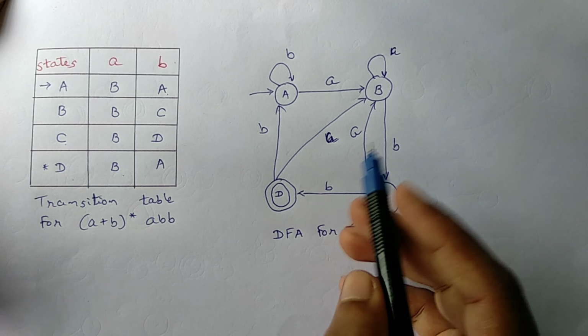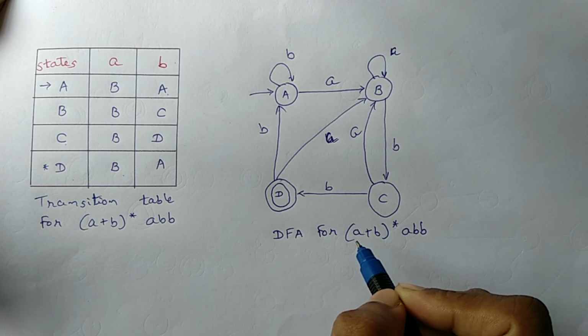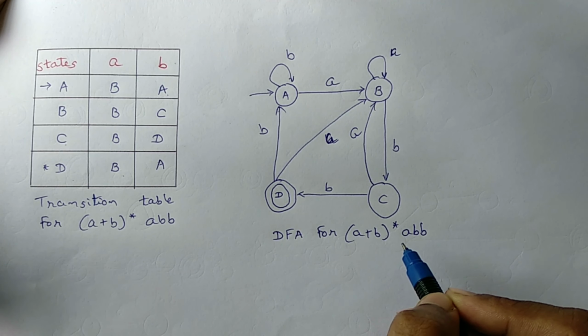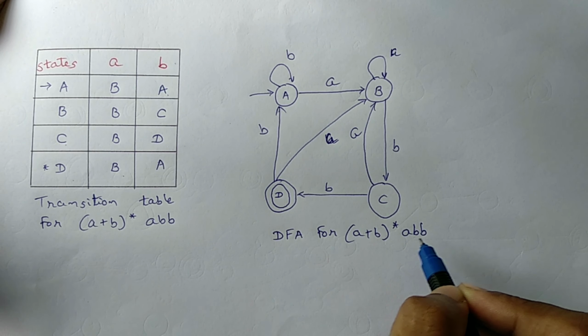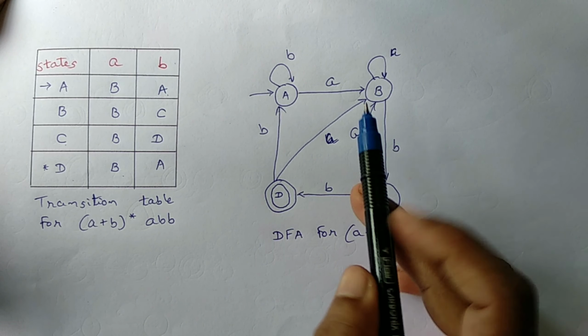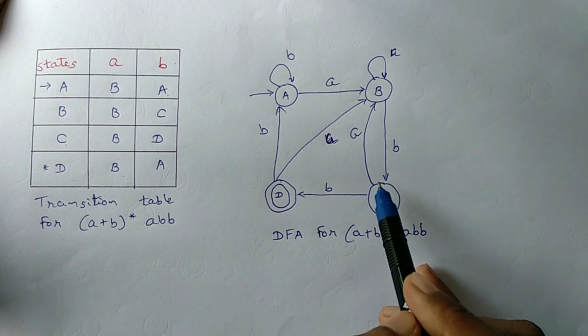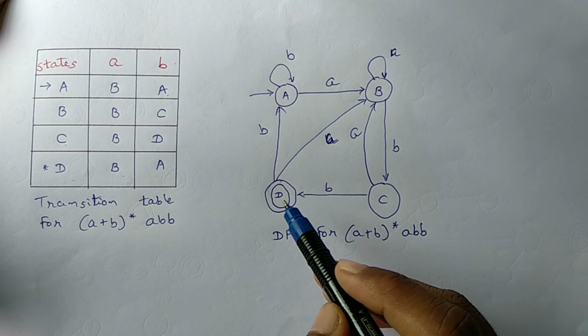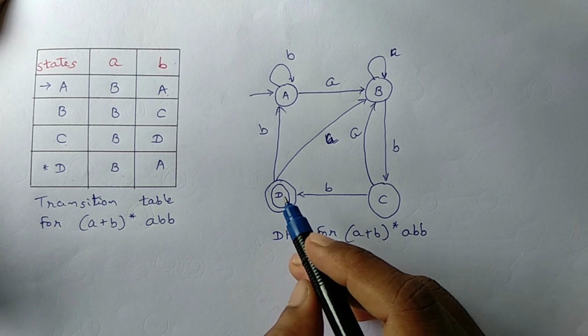For any input string which is accepted by this automaton, first is simply ABB. There are zero occurrences of (A or B)*. So ABB is accepted, so it's a valid automaton.